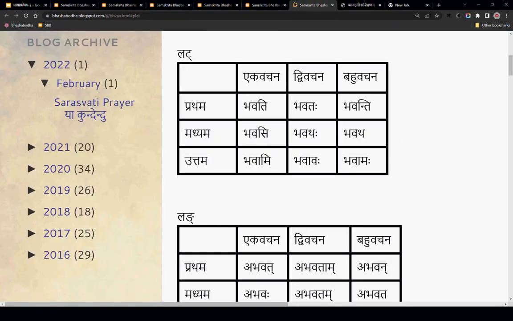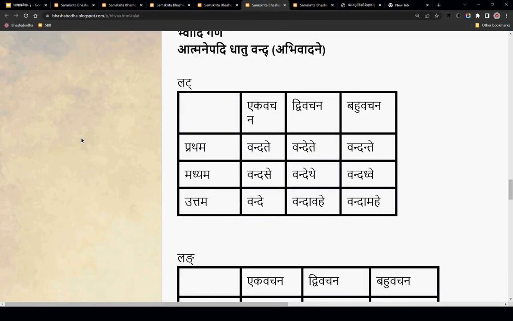One question. Is this atmanepadi form related to Karmani Prayoga? No, it is a different thing. The verbs do change when we change the prayoga, but atmanepadi is not that.